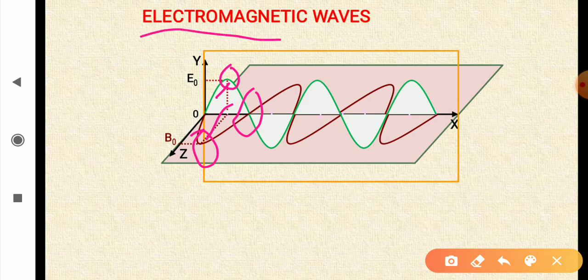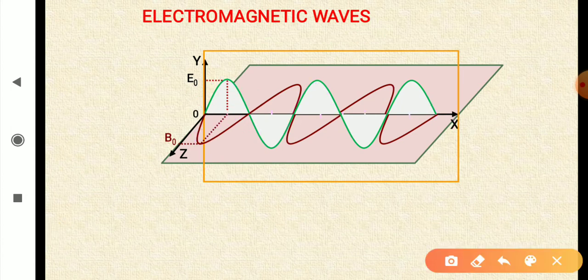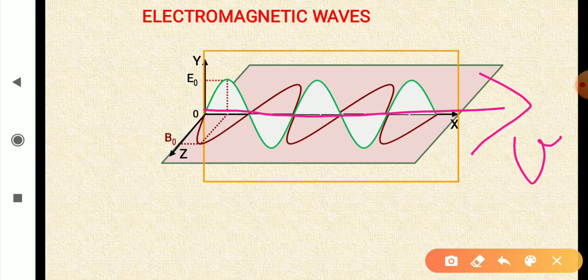So electromagnetic waves are basically oscillating electric and magnetic fields which are perpendicular to each other and they are also perpendicular to direction of propagation of wave. You can see that wave is propagating along x-axis, but oscillations of electric field are perpendicular to it.